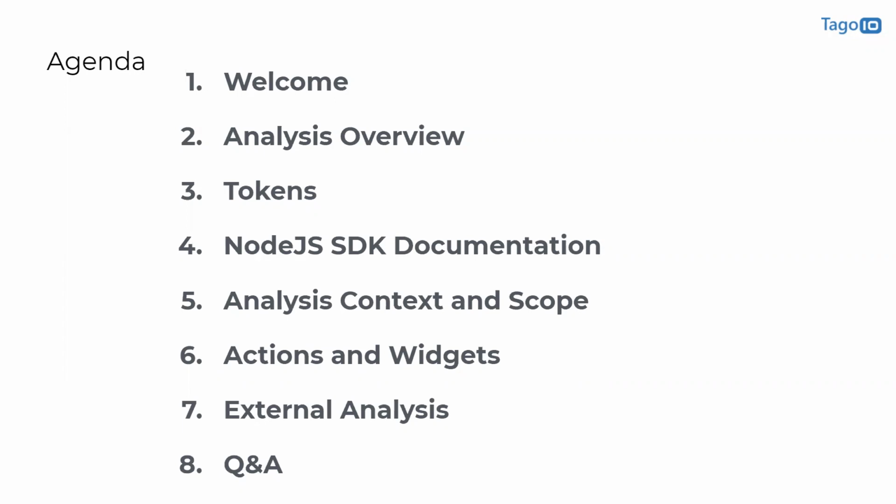Then analysis context and scope. There are 2 important fields inside the analysis, actions and widgets. And then running analysis externally, so we can understand how to build our analysis and upload to Tago. And last, we have the Q&A, where we can ask some questions, and I will try my best to answer you.